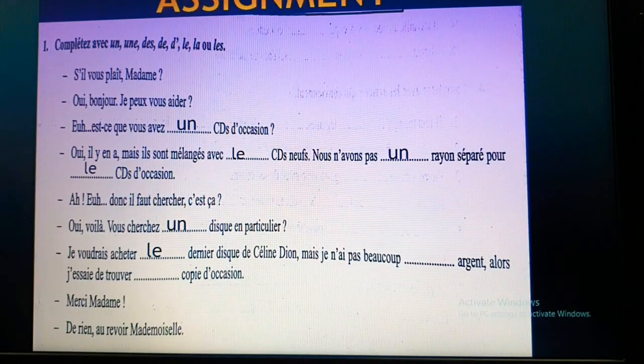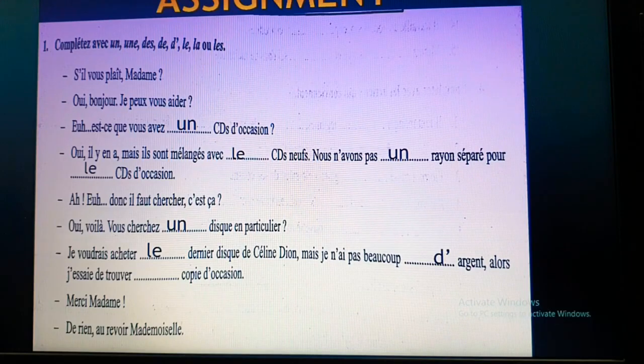"Mais je n'ai pas beaucoup d'argent." I don't have much money. Any money? I don't have money. So article indéfini. Yes, great. I hope your answers are correct and to the point. "Alors, j'essaie de trouver dash copie d'occasion."